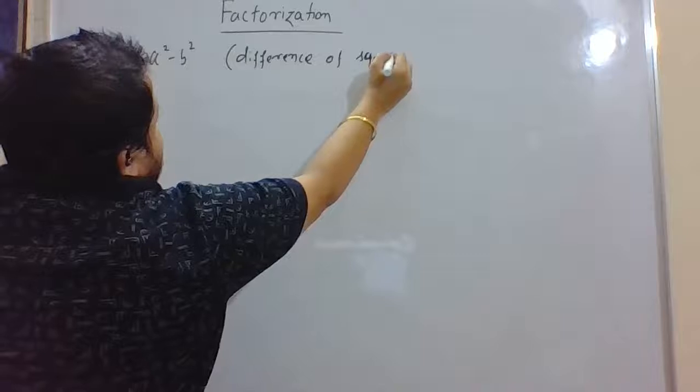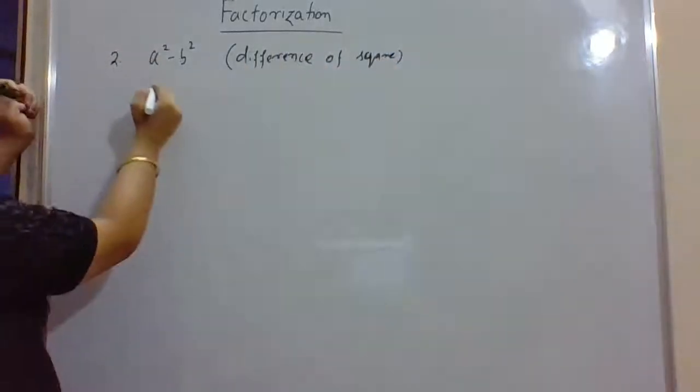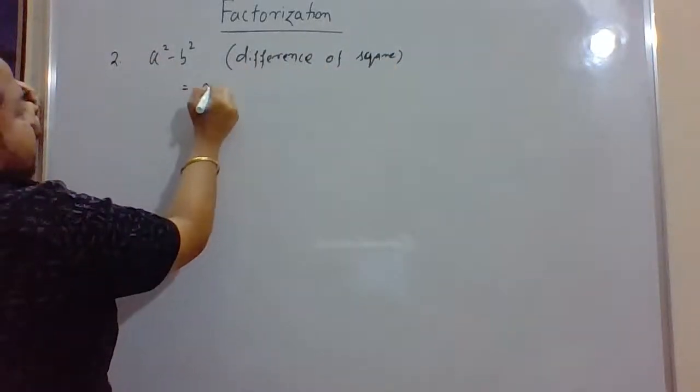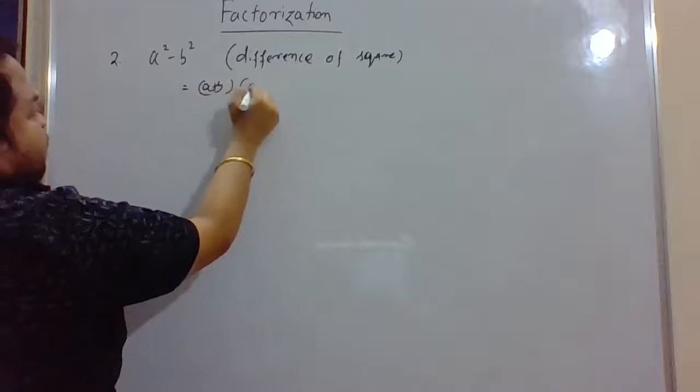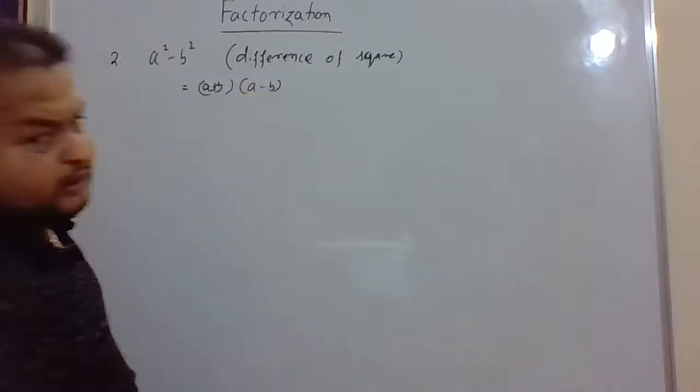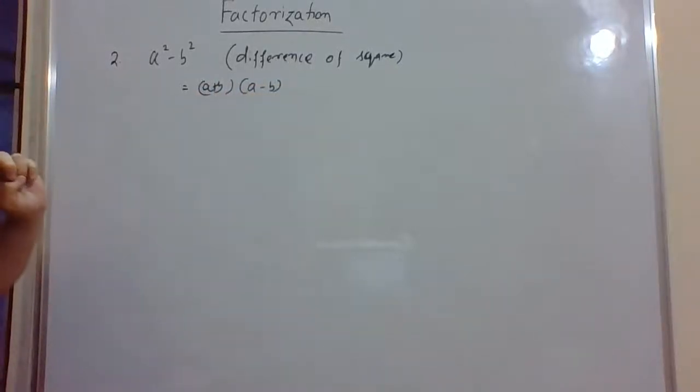And if it is in the difference of squares pattern, then we factorize it as a plus b into a minus b. So let's look into a couple of practice problems.